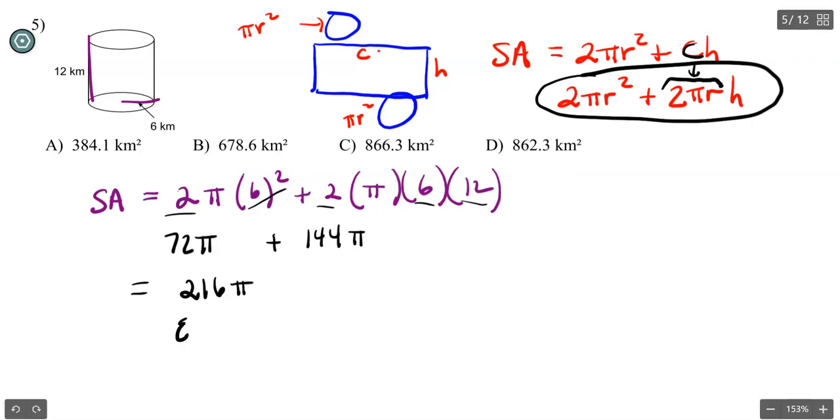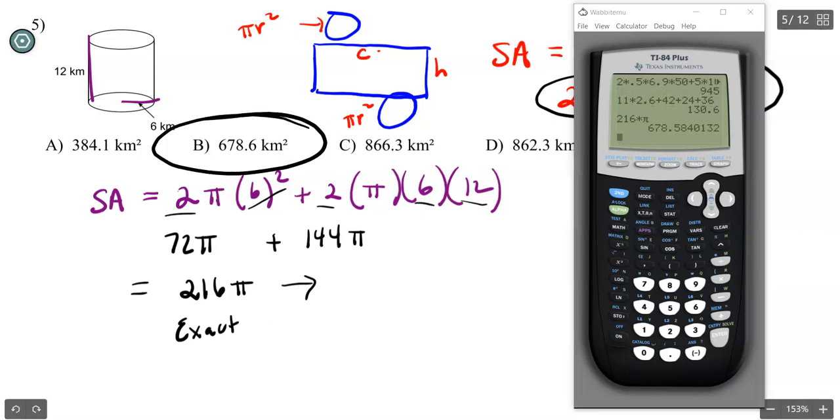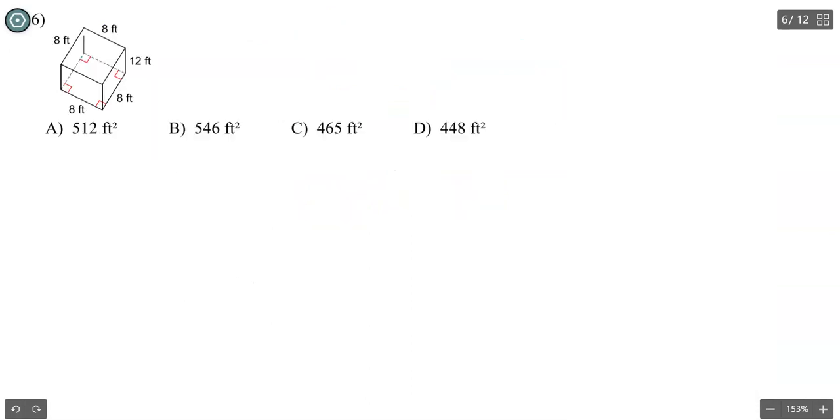If they wanted an exact answer, I would say it's 216 pi, but we can get an approximation. It's roughly 216 times 3. But let's get the calculator. 216 times second pi is about 678.58, which would round to 678.6.